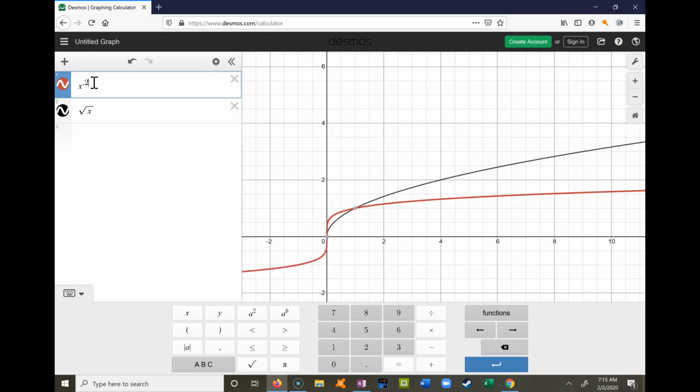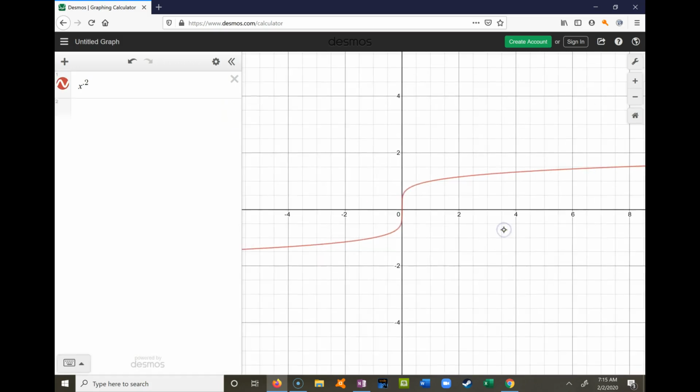But another thing that's interesting is what if we change this to 0.2, which would be like 1/5, okay? You can see that now we can go both ways, because if you take the fifth root of a negative number, you can get a negative answer. Whereas if you take the fourth root of a negative number, it doesn't produce anything. So again, that's x to the 0.2, or 1/5 power.